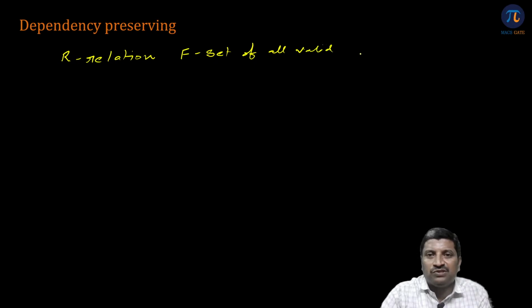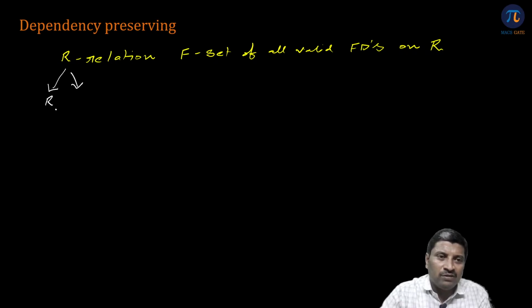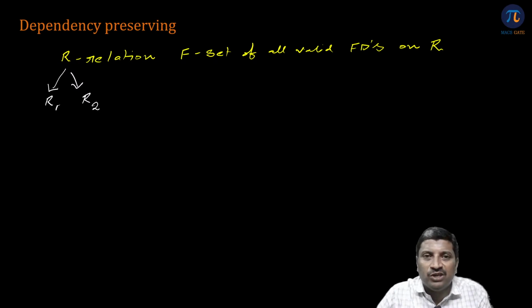F is the set of all valid FDs on the relation R. So this is our assumption. Let us assume R has been divided into two relations, R1 and R2.